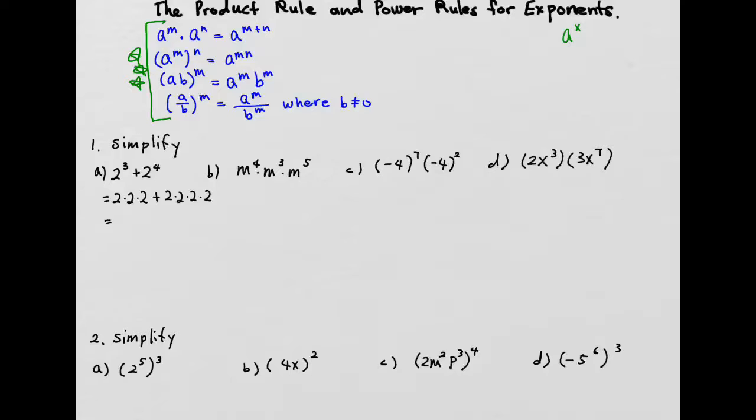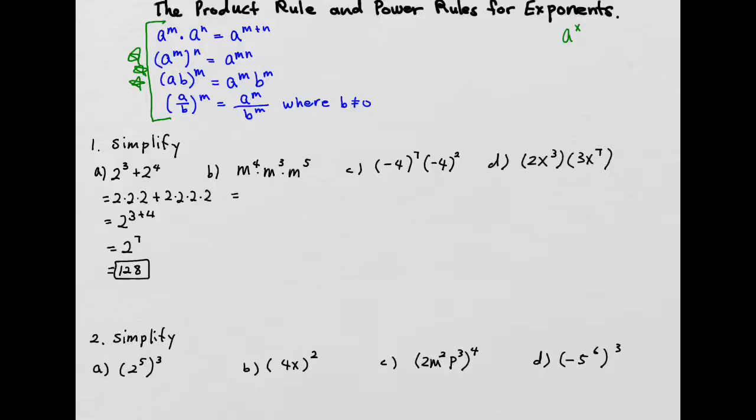Using your rules, this is going to be the same as 3 plus 4, which is going to be 2 to the 7th exponent. That's 128. Let's look at the next one.